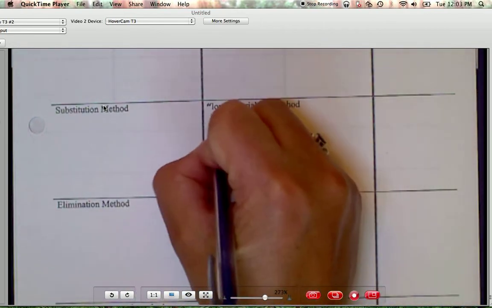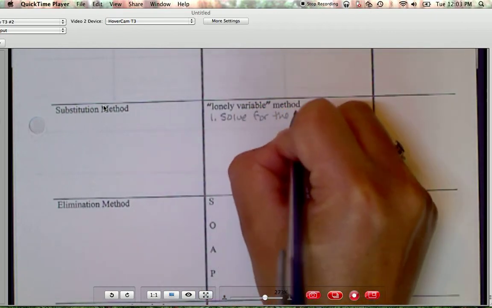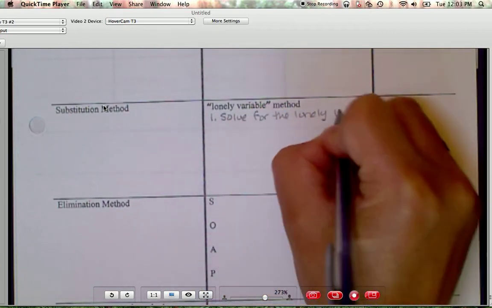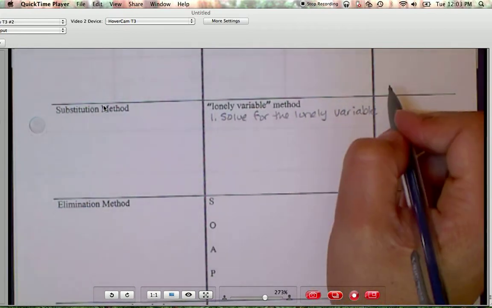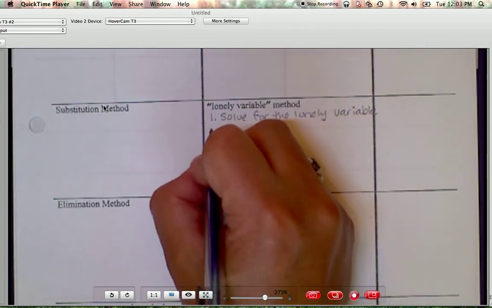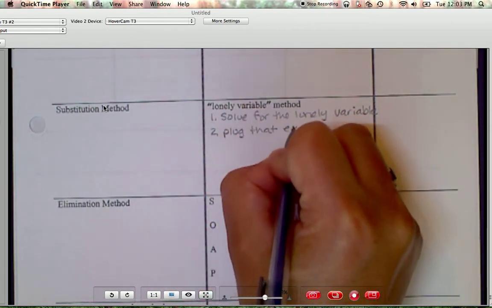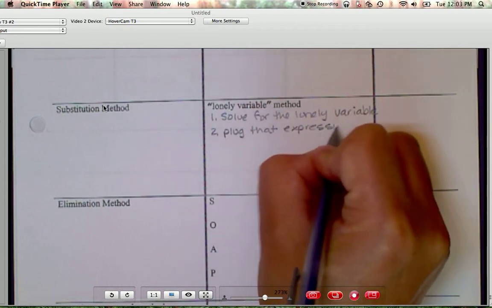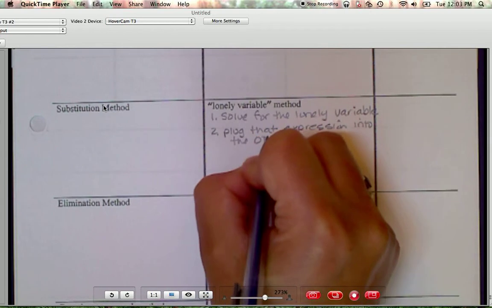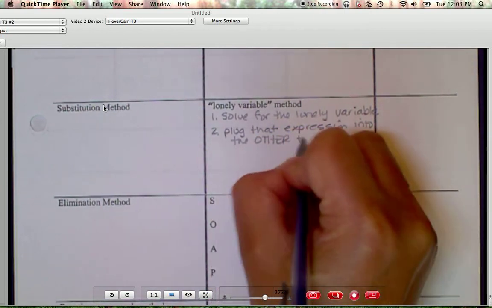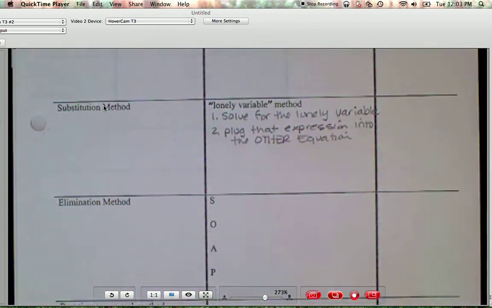So number one, you want to solve for the lonely variable. Number two, plug that expression into the other equation.